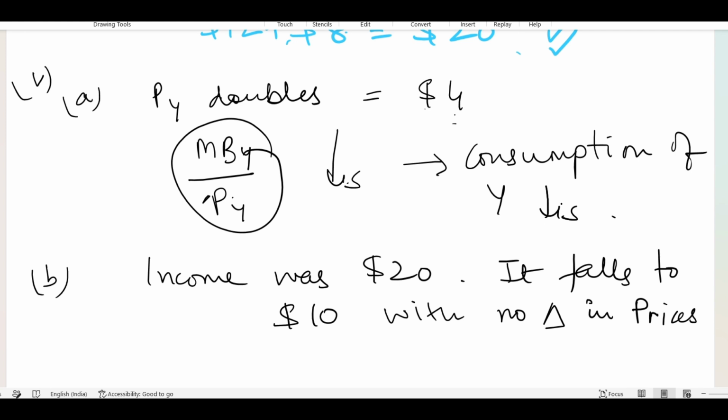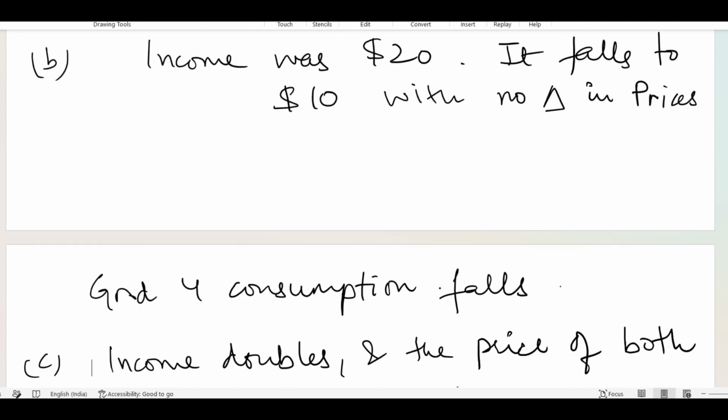The second condition is, let's say that Martha's income falls to $10. Earlier it was $20. Now it falls to $10 with no change in prices. In that case, since income falls, the consumption of good Y also falls. You can check that from the table as well. When the income level is 10 and there is no change in prices, you can see what combination she will have.